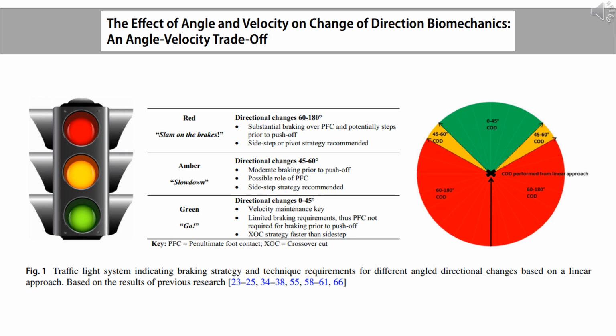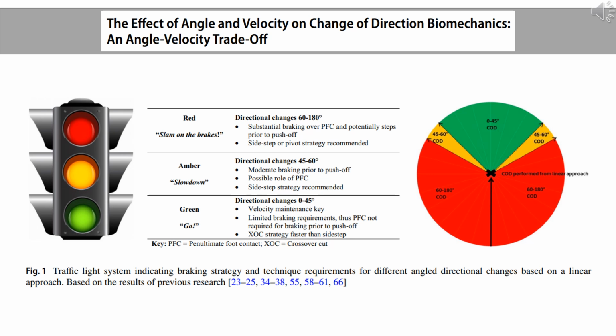However, as the angles get bigger and we start focusing beyond things like 60 degrees, naturally, as the angle becomes greater, we have to apply more braking forces so that we can effectively move in the required direction, whether that be 60 degrees, 90 degrees, 135 or 180.